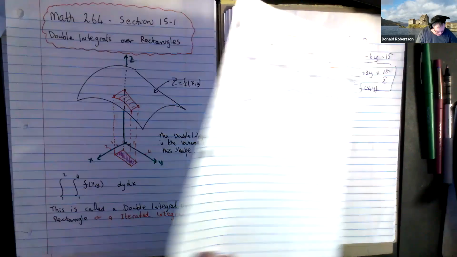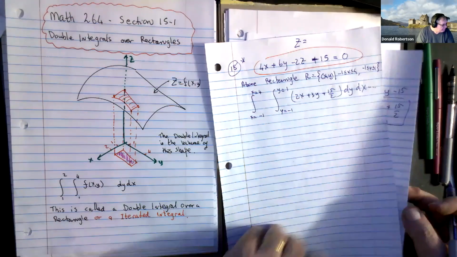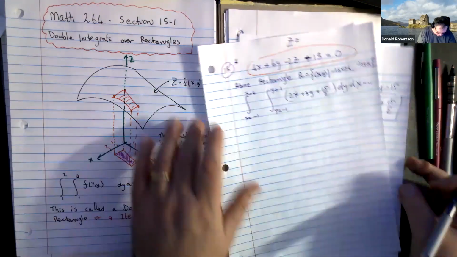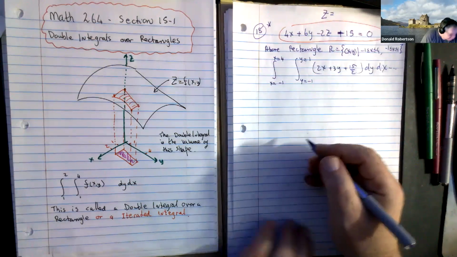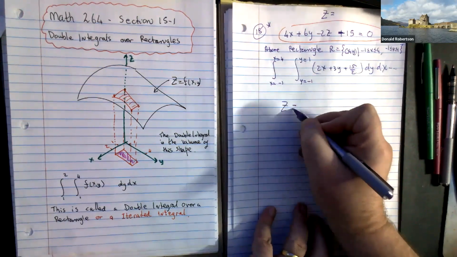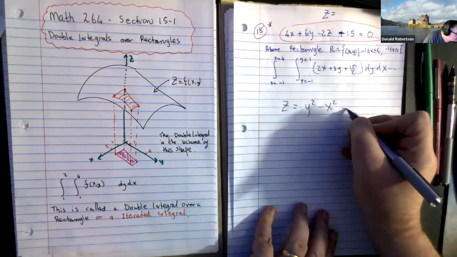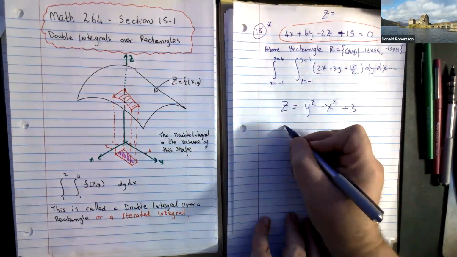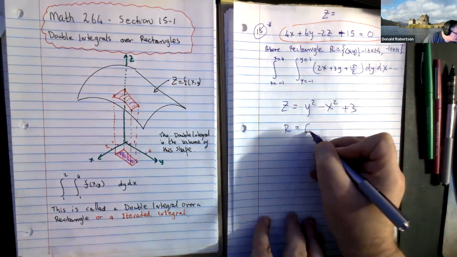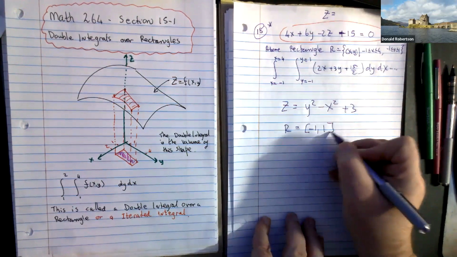So in the next question, they ask you to find the volume. So it's kind of like 18. In fact, let me just keep 18 where it is. And they tell you that z is equal to y squared take away x squared plus 3. And they tell you R in terms of that, you know, the square brackety thing.